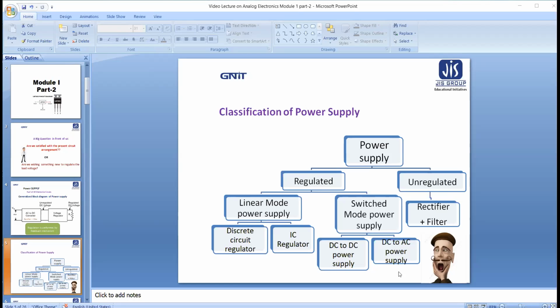If you look into this subsection, you will see that this is completely the inverse of the rectifier and filter. This DC to AC power supply is called the UPS or the inverter. However, we will fix our discussion on the linear mode power supply, its subdivisions, and the basic concepts of the switch mode power supply, which is abbreviated as SMPS.